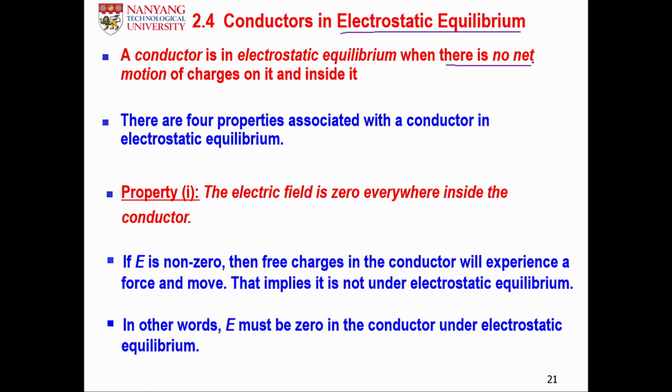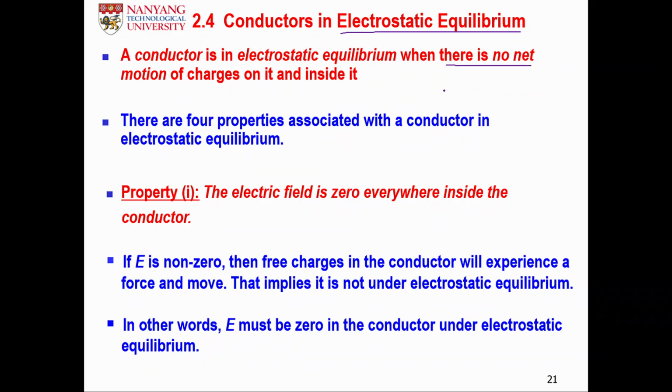Of course, if you look at a single charge, it's still going to move freely because anyway it's a conductor. But overall, there is no net charge movement, meaning you have charge moving in this way, and at the same time there is charge moving in the opposite way. This is the so-called no net charge motion.